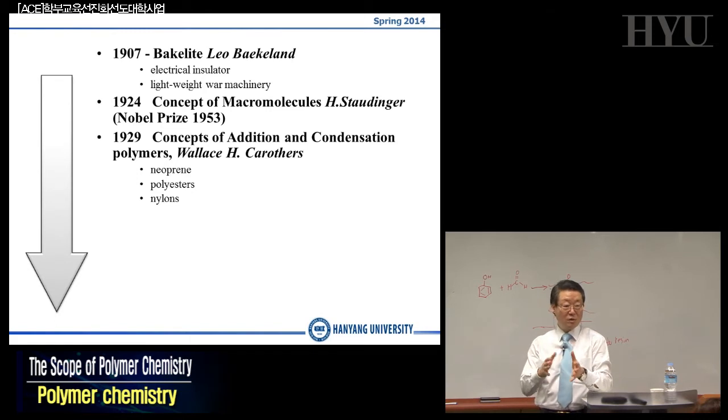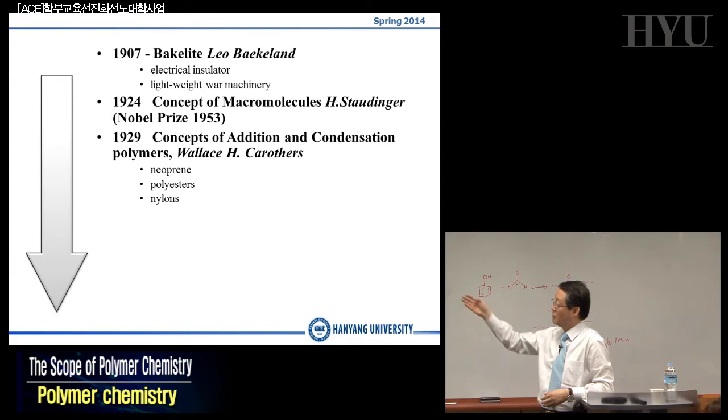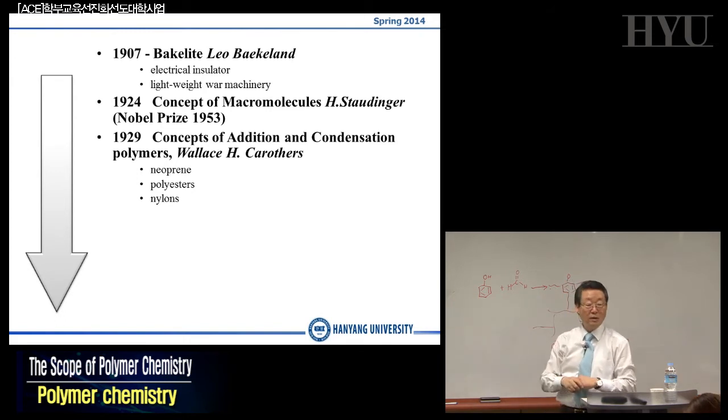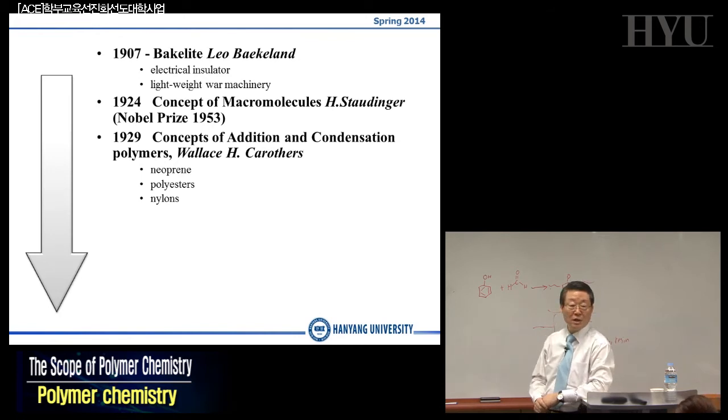He was very much concentrated on condensation polymerizations. He wanted to prove this macromolecular concept suggested by Staudinger in the case of neoprene, which is very similar to isoprene, and the polyesters and nylons.